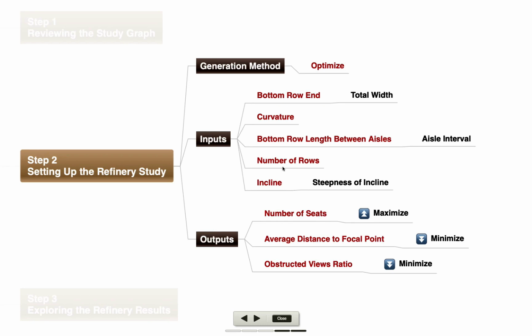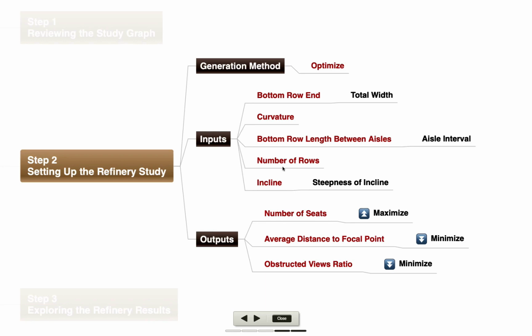So let's see if we can construct some basic trade-off between, if we had the choice, the bottom row end, changing that, or the curvature. The curvature, I don't think it'll make a difference there in my mind. I'm just trying to think of it practically. So bottom row end versus the aisle length. Now, how about that? Let's trade off the aisle length versus adding more rows.